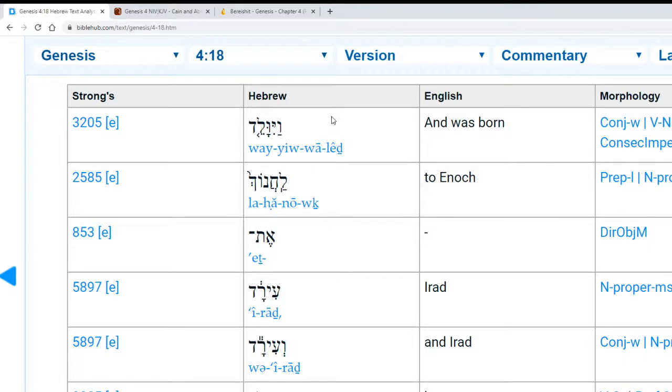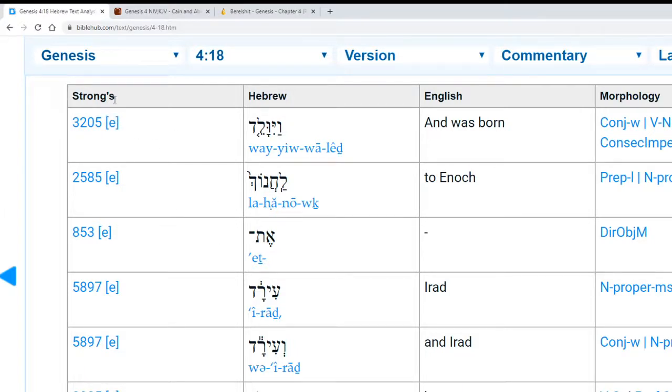It's a strange way of conjugating the verb, and possibly it's a different verb than yalad, right? Vayivaled of vlad, right?